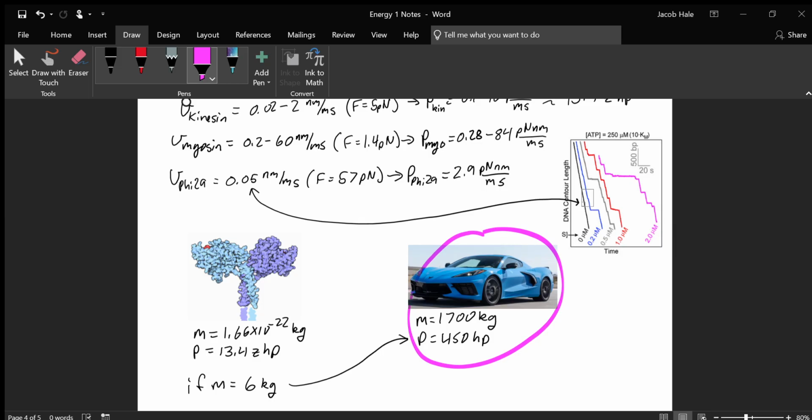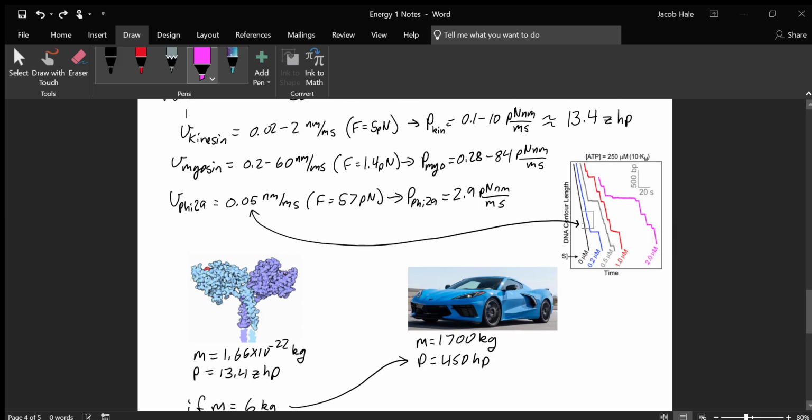Now if we look at our kinesin molecule, here's our kinesin molecule. It weighs 1.66 times 10 negative 22 kilograms. So that is 0.16 zeptogram, or zeptokilograms, which doesn't make too much sense, but since kilogram is the SI unit, I want to reference that.